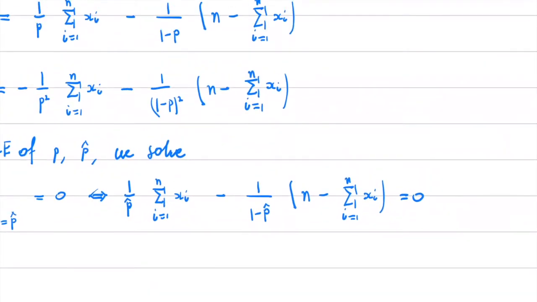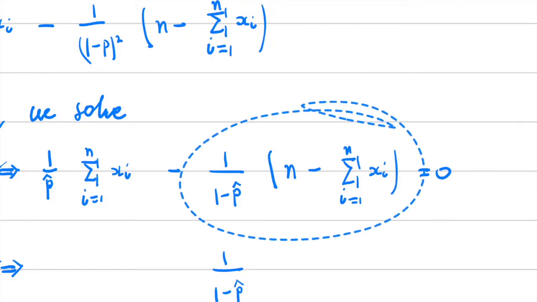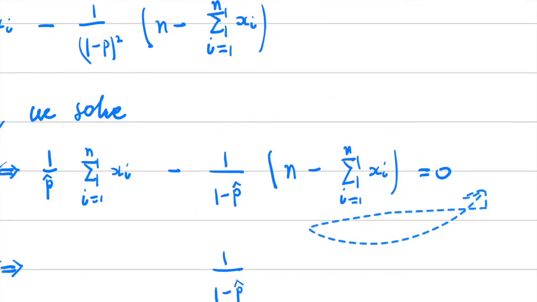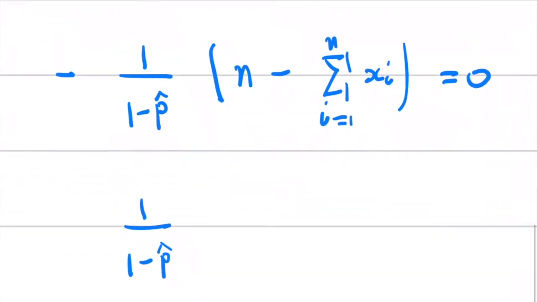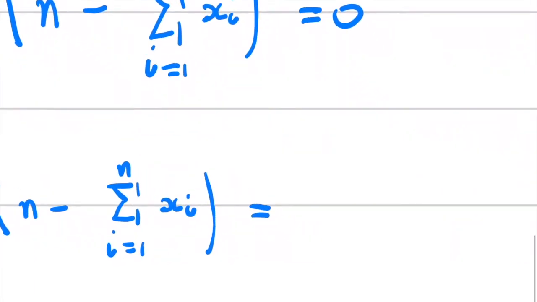So the first thing we're going to do is a bit of rearranging. The first step here is to take this particular expression to the right hand side of the formula. So that gives us n minus the sum from i equals 1 to n of xi, positive on that side, is equal to 1 on p hat, sum from i equals 1 to n of xi.